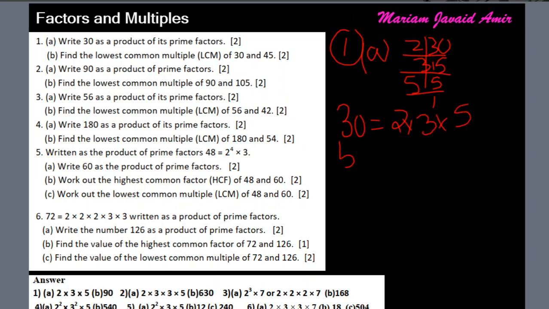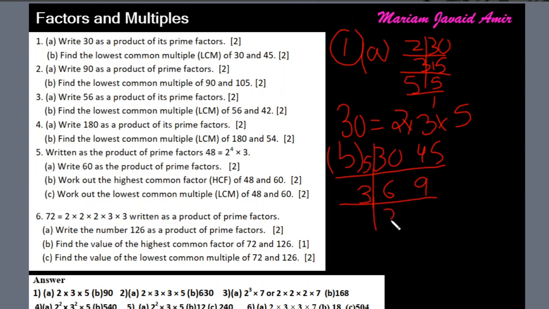For part B, we have to find the lowest common multiple of 30 and 45. Now there are two ways of doing it. One is that you write 30 and 45 together and find its LCM. Let's start with 5, and 5 6s are 30, and 5 9s are 45, and then use 3: 3 2s are 6, and 3 3s are 9.